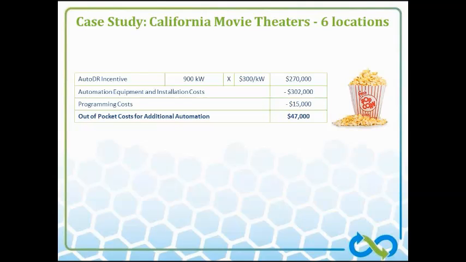The automation, equipment, and installation costs were $302,000. Programming costs at $15,000. So total out of pocket for a total energy management system for 6 locations is $47,000. Which had an ROI on that of under a year.